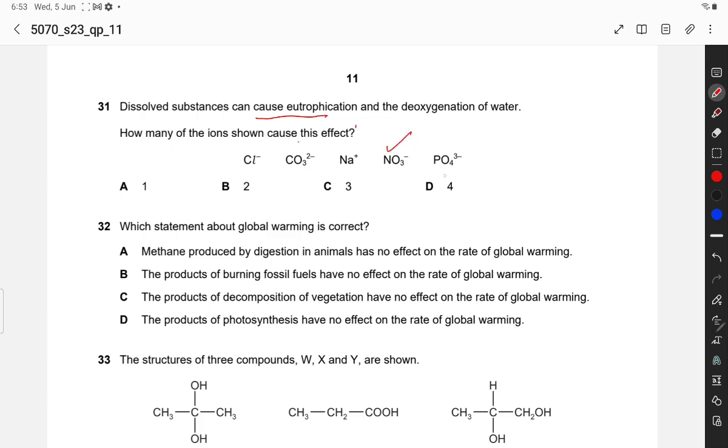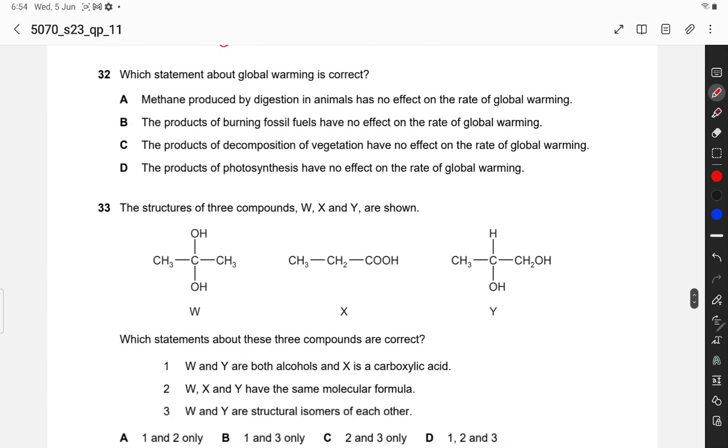Nitrate ions and phosphate ions, these two ions are the source of eutrophication, because they deplete the oxygen from water and cause eutrophication, and eutrophication is the unintentional growth of algal plants due to excessive use of fertilizers. So these two are sources of eutrophication in water. So B option is the correct option.